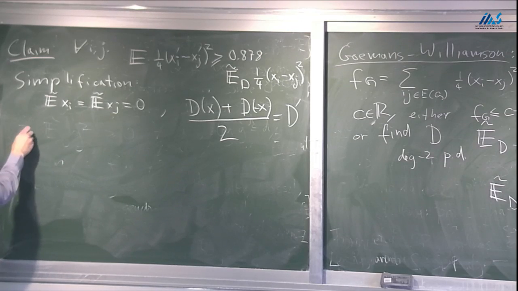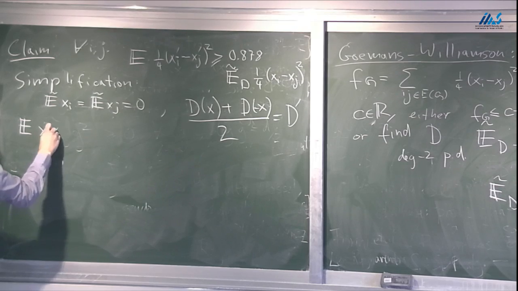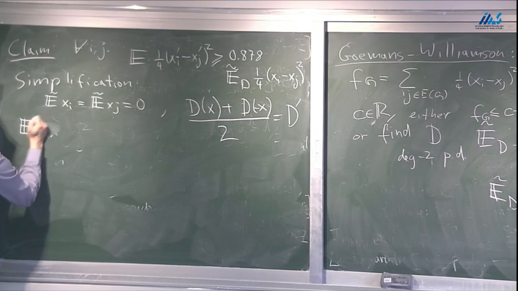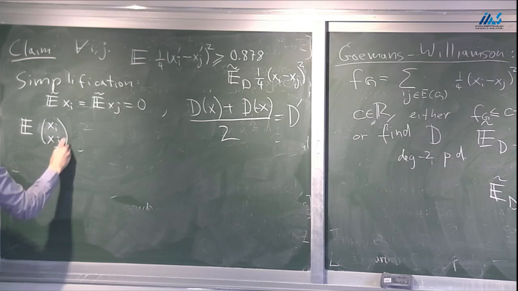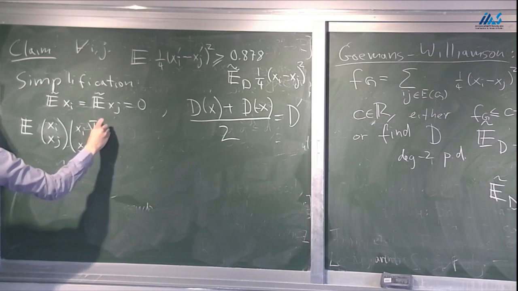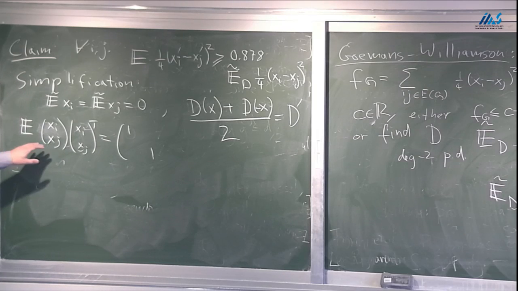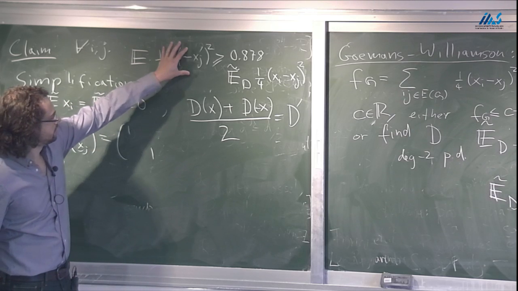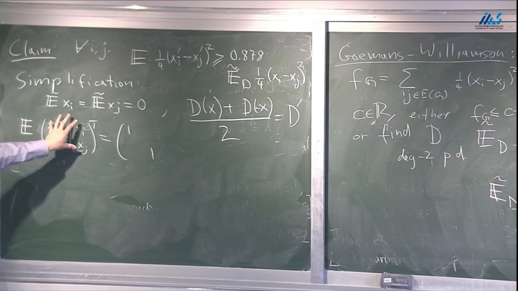And so this means that if you look at the covariance of these two, xi, xj, this determines the distribution, because the mean is 0, and so this here is the covariance.